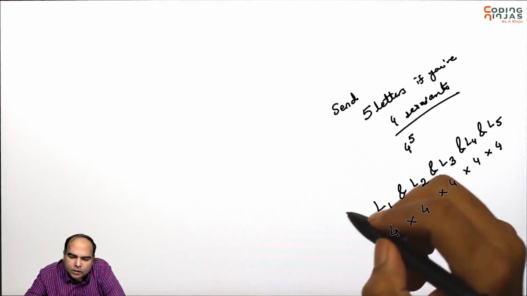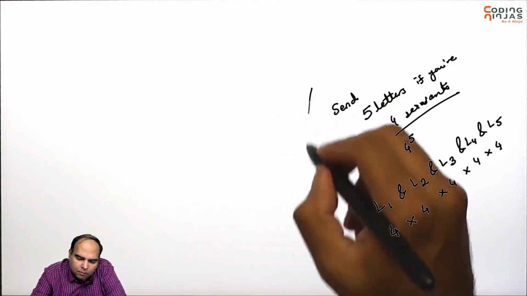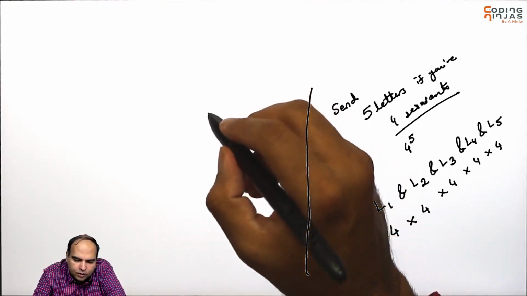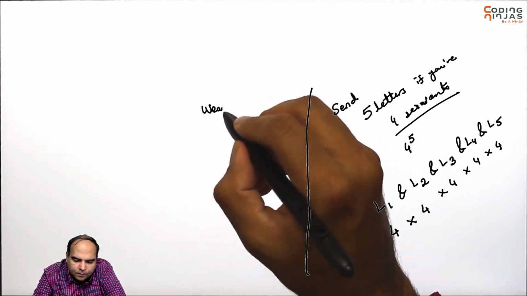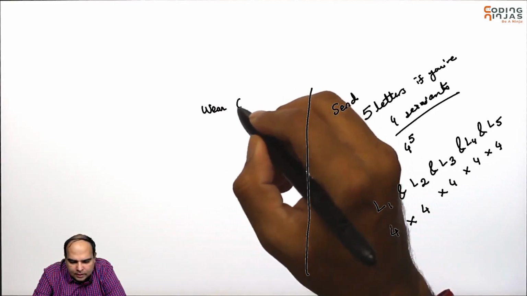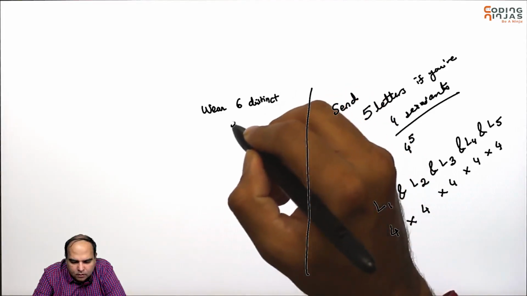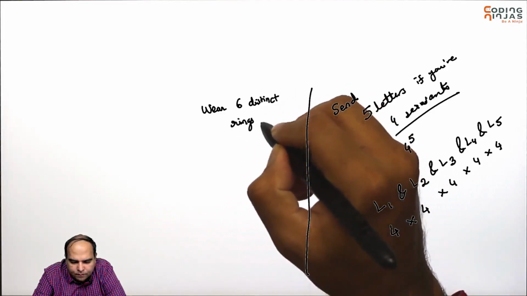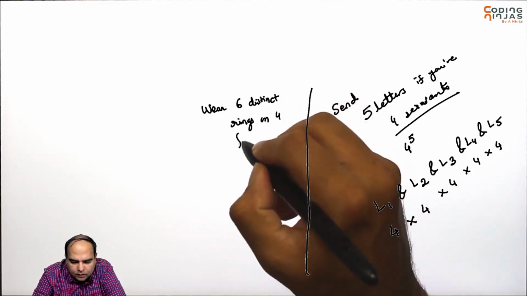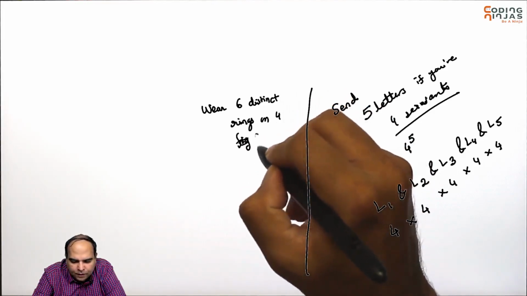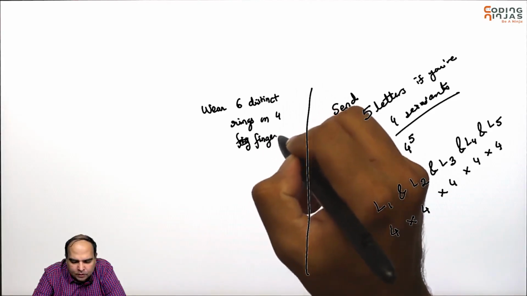There is a parallel question which asks: what is the number of ways in which you can wear 6 distinct rings on 4 fingers, if any finger can have any number of rings?